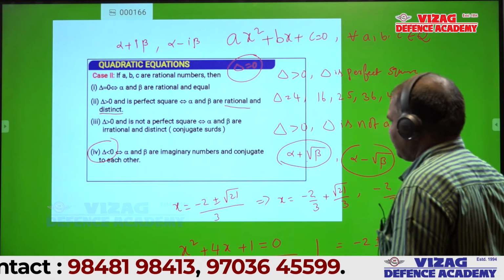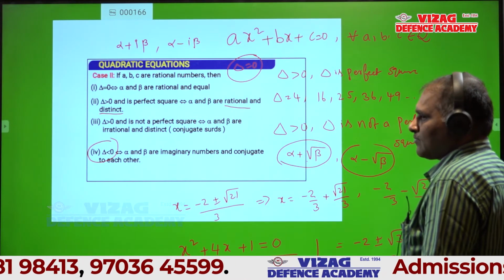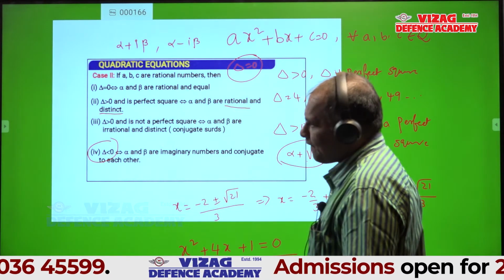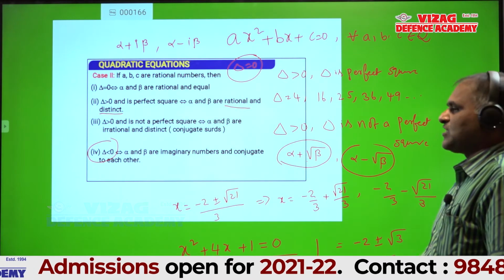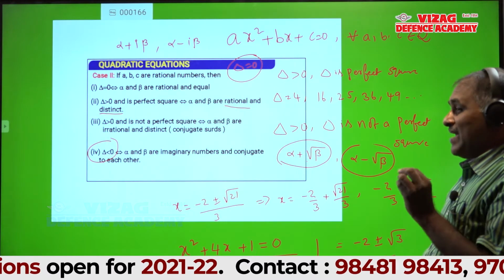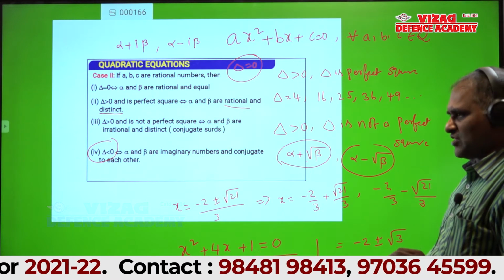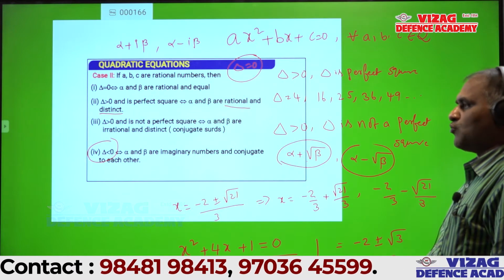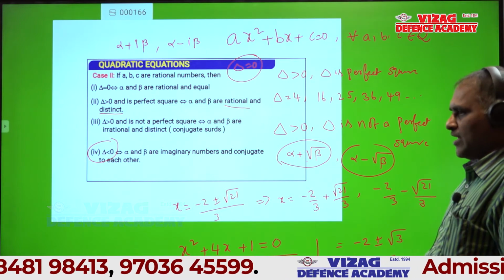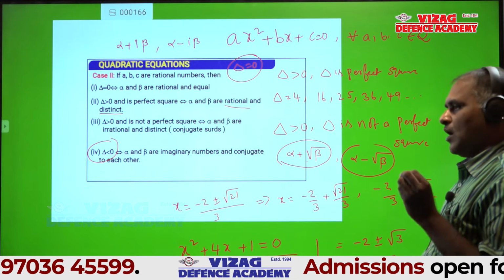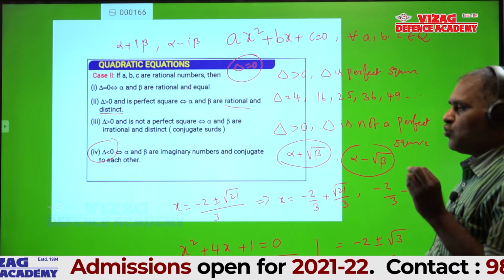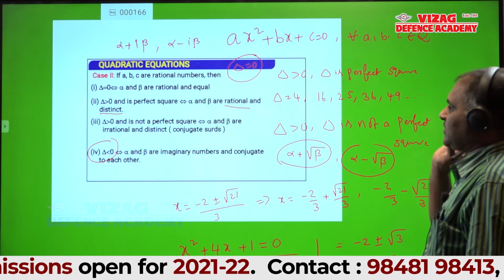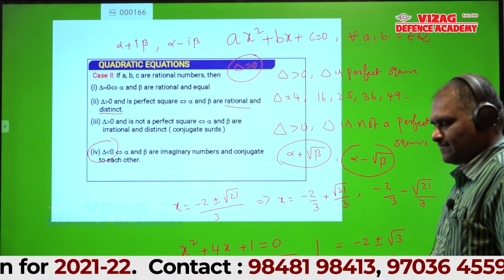Those 4 points are very important based on quadratic equations. How do we find out what the roots are, rational, irrational, equal or imaginary? How to calculate it? These are the conditions.